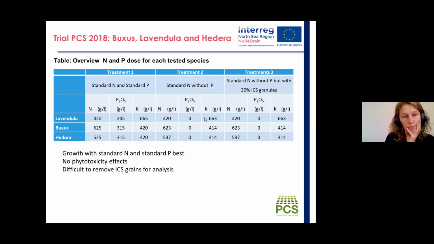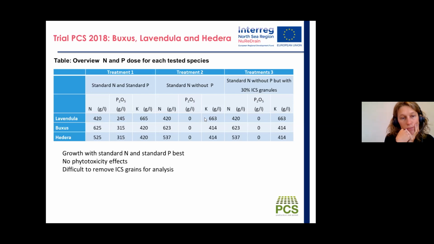The result was a bit similar to last year. The growth for treatment 1, the standard N and the standard P, remained the best. Of course, in treatment 2 without P at all, plants were really smaller, but the plants of treatment 3, where we added 30% of granules, were also smaller. On the plants themselves, at that moment, we saw no phytotoxicity effects of adding the ICS grains.